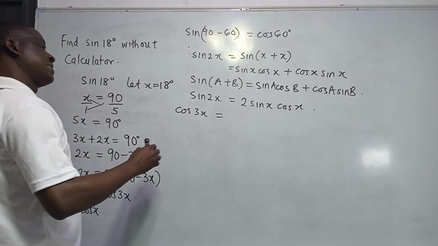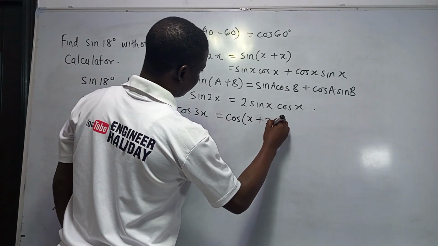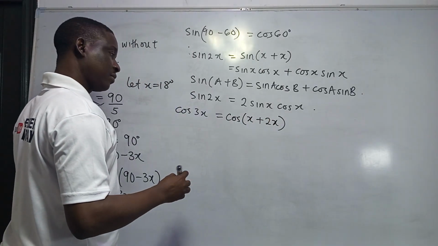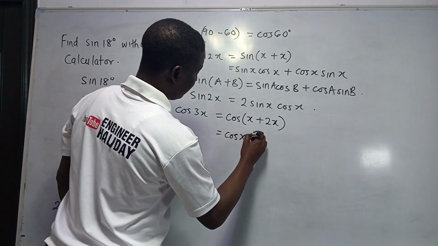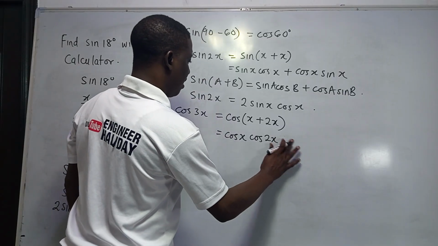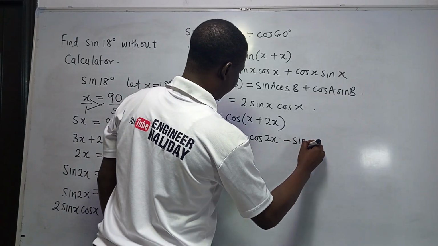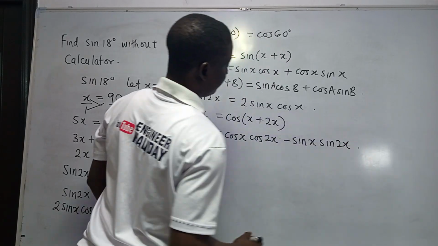Cos 3x is the same thing as cos of x plus 2x, which is simply cos x cos 2x minus sine x sine 2x.